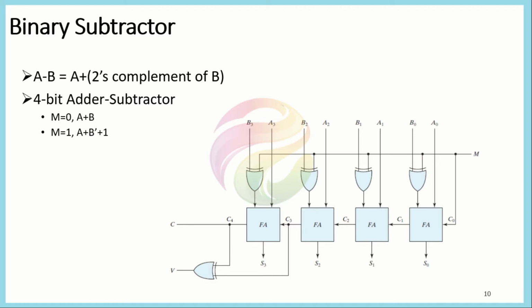We have seen the full subtractor and the half subtractor circuits, but if you remember when we discussed binary arithmetic, we said that we prefer the complement process for the subtraction process, because the complement process offered a much better solution.